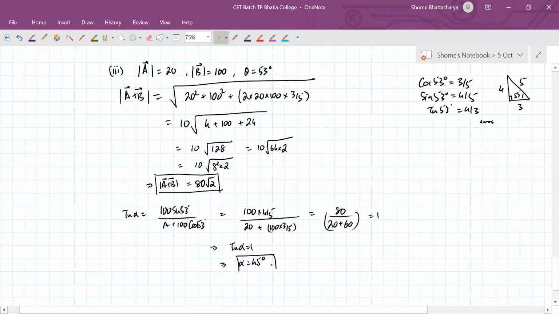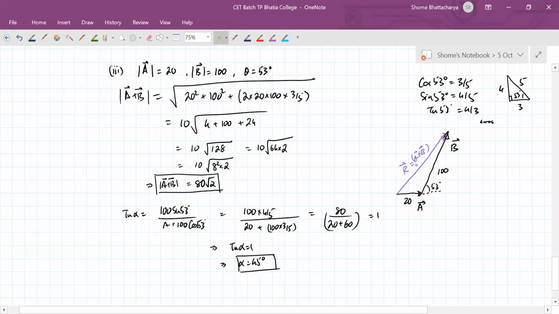45 degrees. If you were to draw the vector triangle, it would look something like this. This is your vector A of magnitude 20, and something like this for vector B. So the resultant of A and B is this sort of a vector.